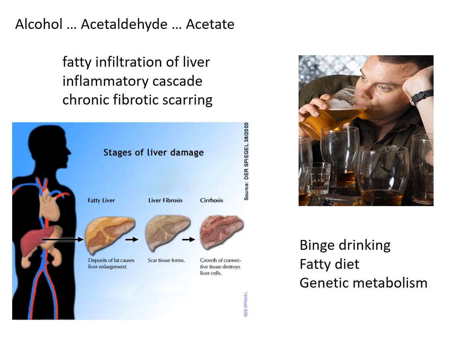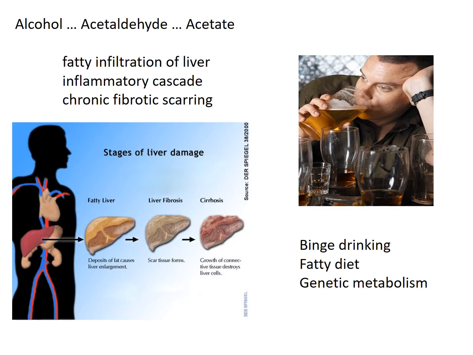That acetaldehyde is going to initiate processes in the liver that lead to fatty infiltration of the liver, followed by inflammation, and then that inflammation can lead to chronic fibrotic scarring or cirrhosis.